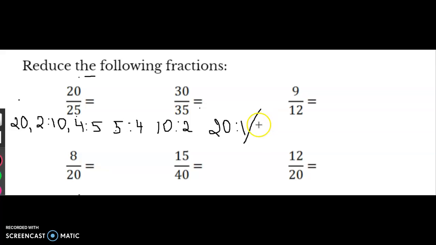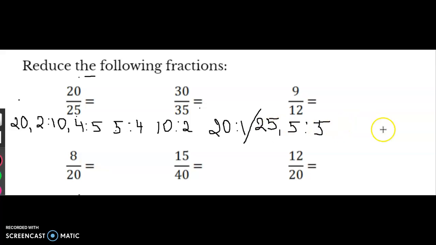multiplier for this one, for 25. 25 divided by 1 equals 25. 25 divided by, we cannot divide it by 2, by 3, by 4. So let's go by 5. Divided by 5 is 5.